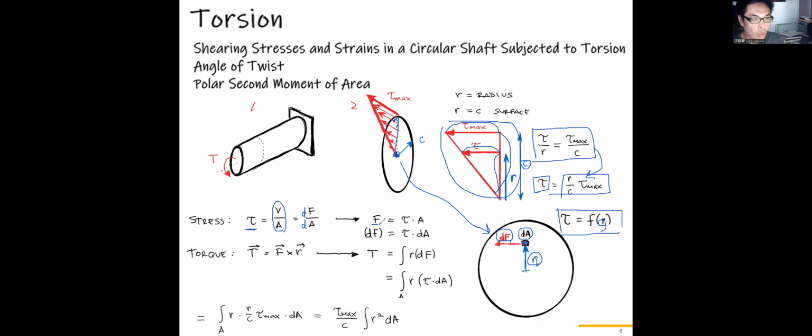Therefore, the force equals tau, the shear stress, times the cross-section area. And as I mentioned, the very small shear force applied to this infinitesimal area equals the shear stress times the infinitesimal area.